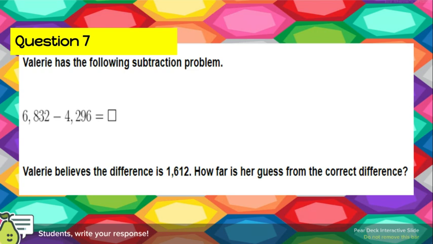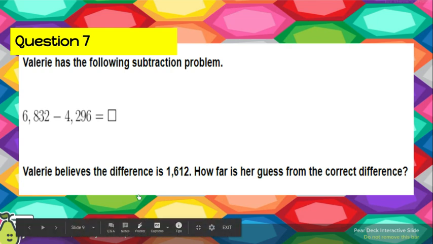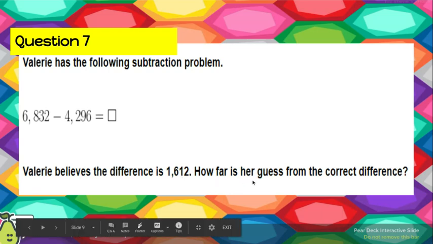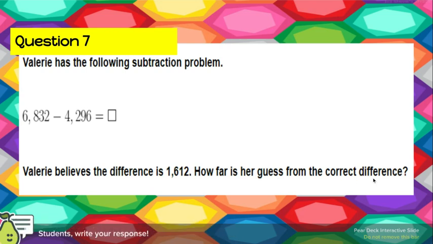The next part of the question says Valerie believes the difference, or the answer, is 1,612. How far off is her guess from the correct answer? This is telling you right now she's off, because they said how far off is her guess.